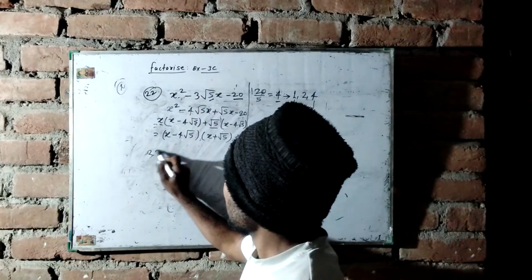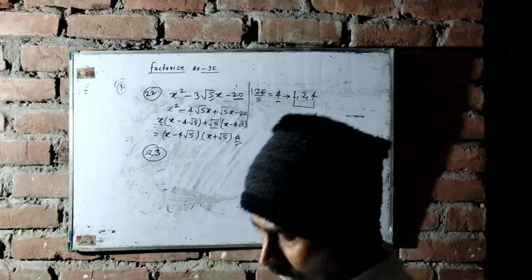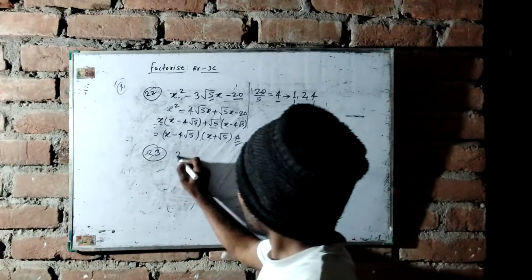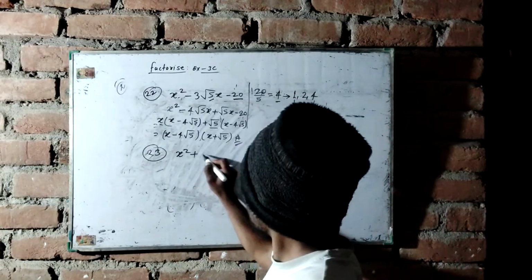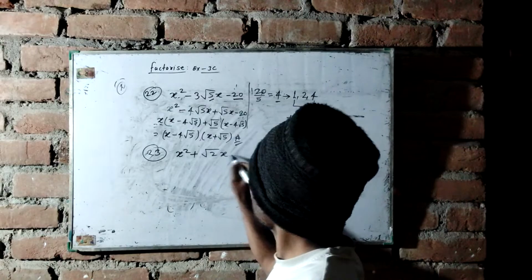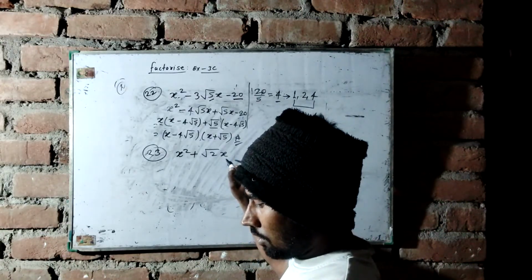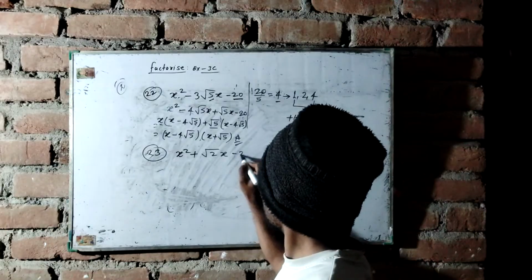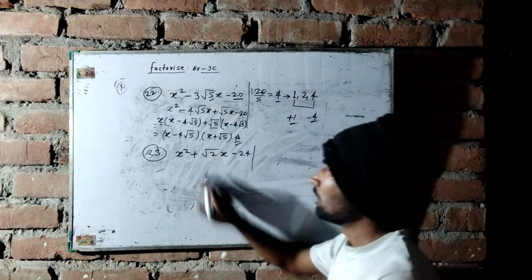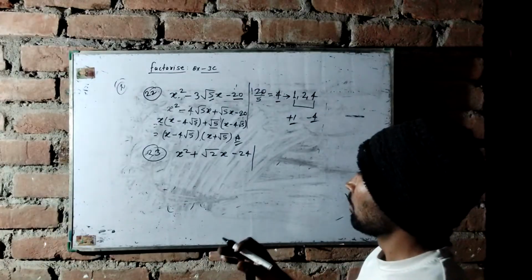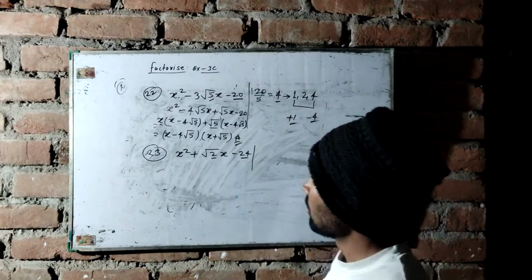Now let's go ahead. Question number 23. X squared plus under root 2x minus 24. For solving this type of polynomial, you have to divide this number with this number.